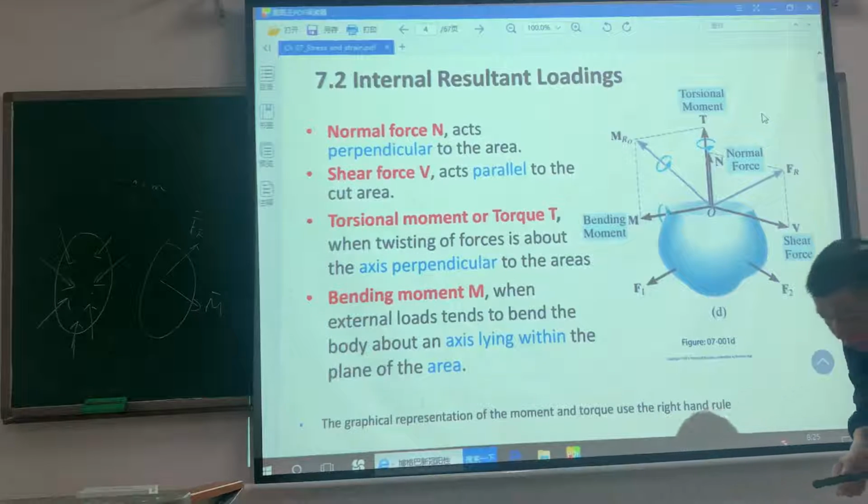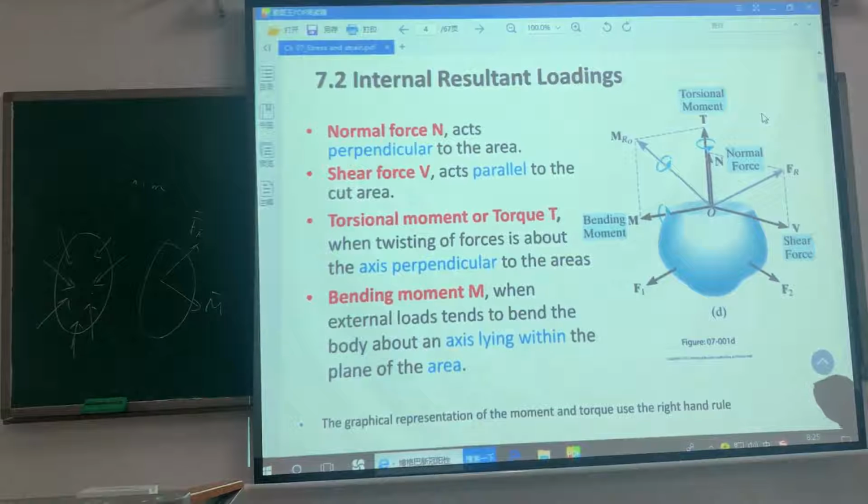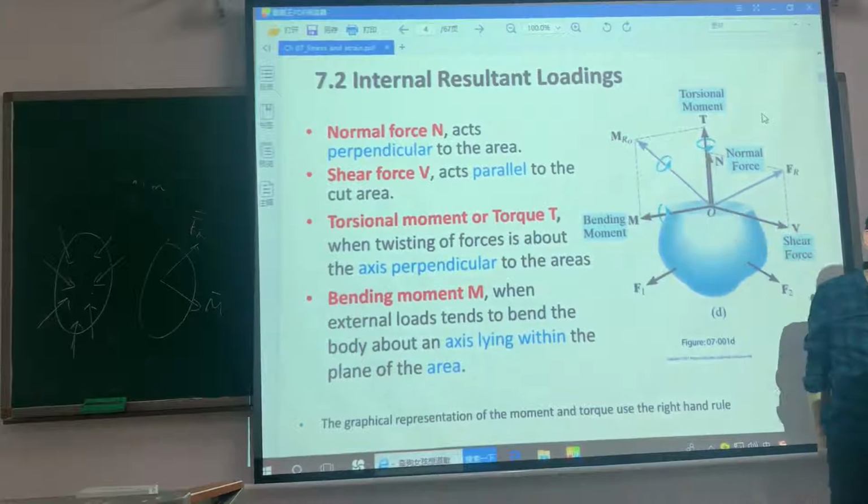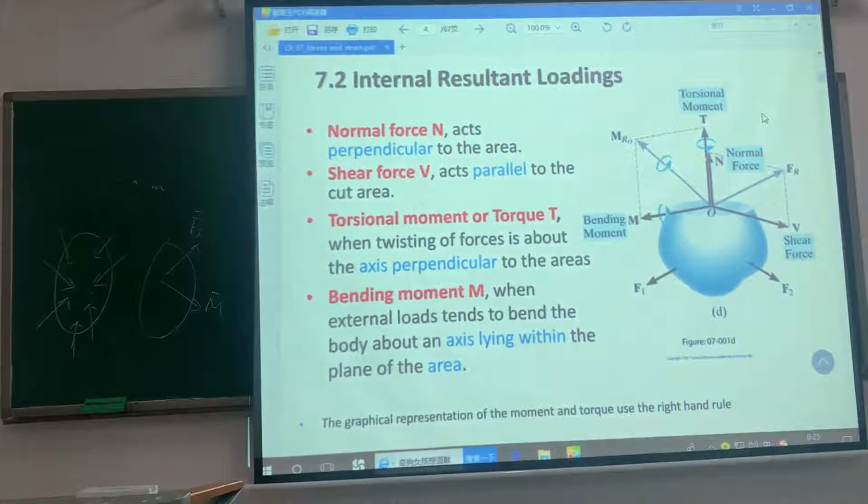It means rotation; this is torque, the torsional moment. It makes the rod deform like this, yes or no?